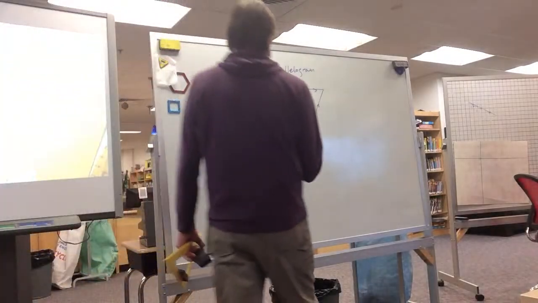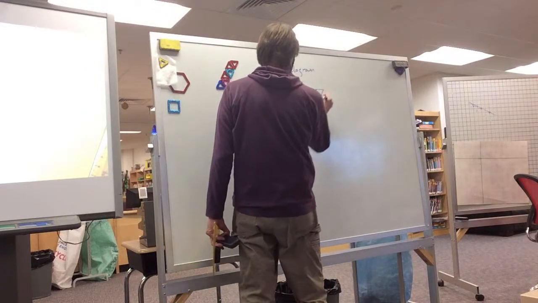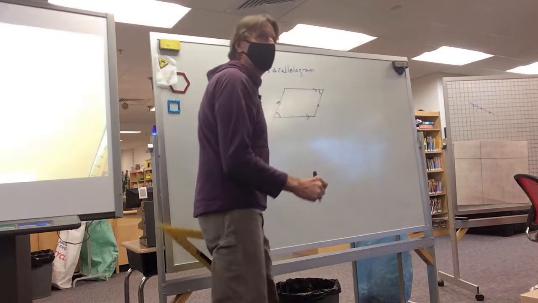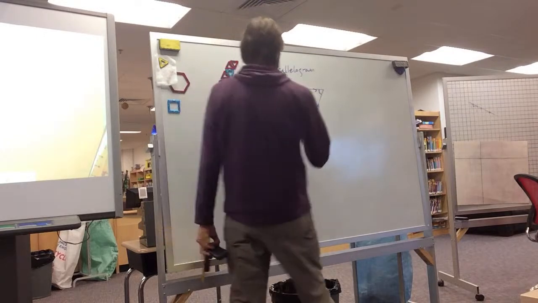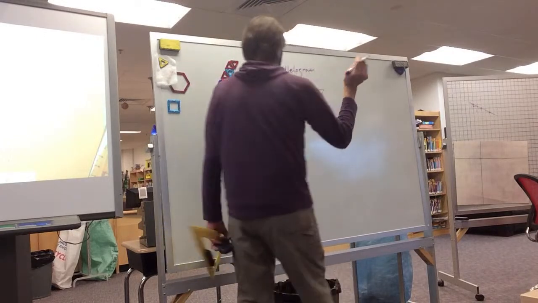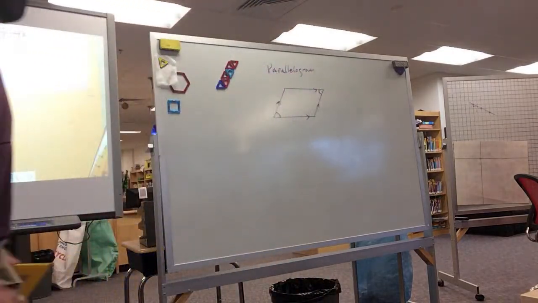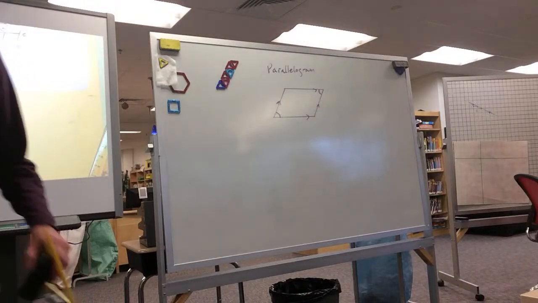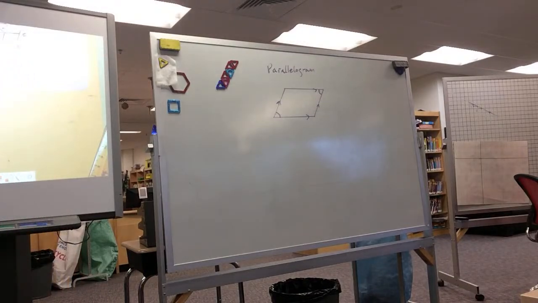Okay. So you said that this angle was congruent to that angle? How could you justify that without just folding it? I mean, you can tear it in half and fold it and slide it around. How do you justify that?